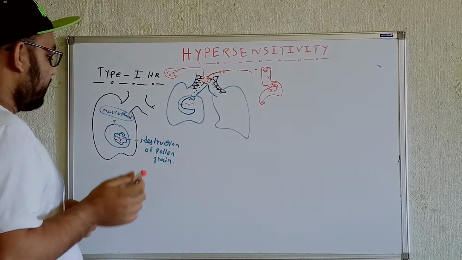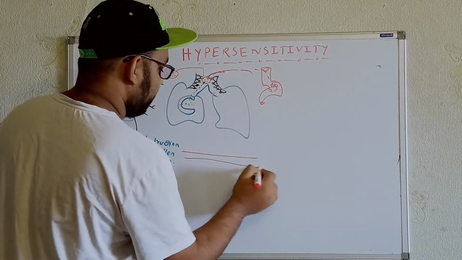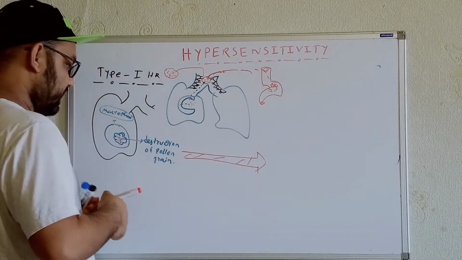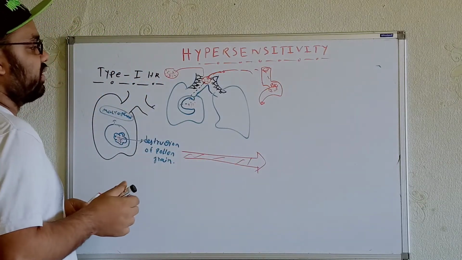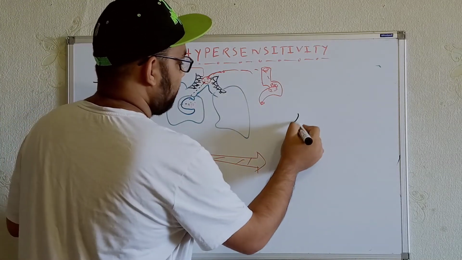Now, for example, there is one individual who has bad luck here. We are going to talk about that now. If we see the lungs of the individual who has the chances of having this type of hypersensitivity reaction, let's talk about them.